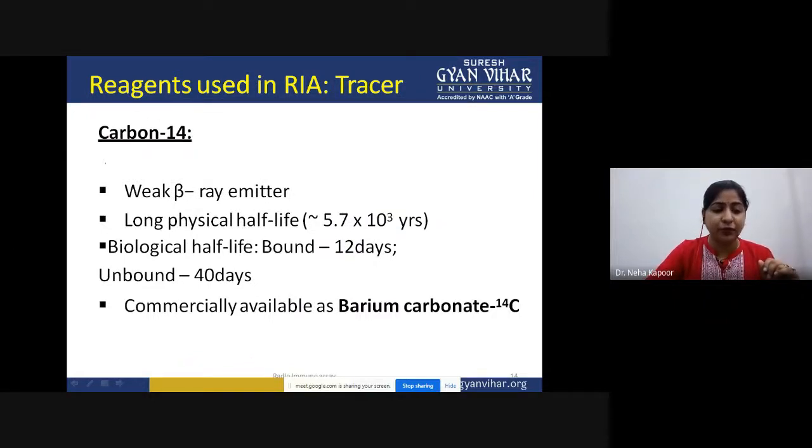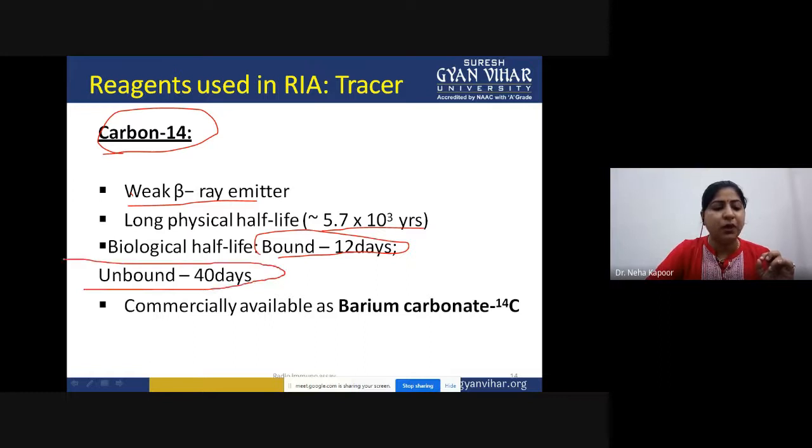Next is C14, that is carbon 14. It is again a weak beta ray emitter, but its physical life is very long, for example 5.7 into 10 raised to power 3 years. The biological life in the bound form is 12 days, and in the unbound form it is around 40 days.